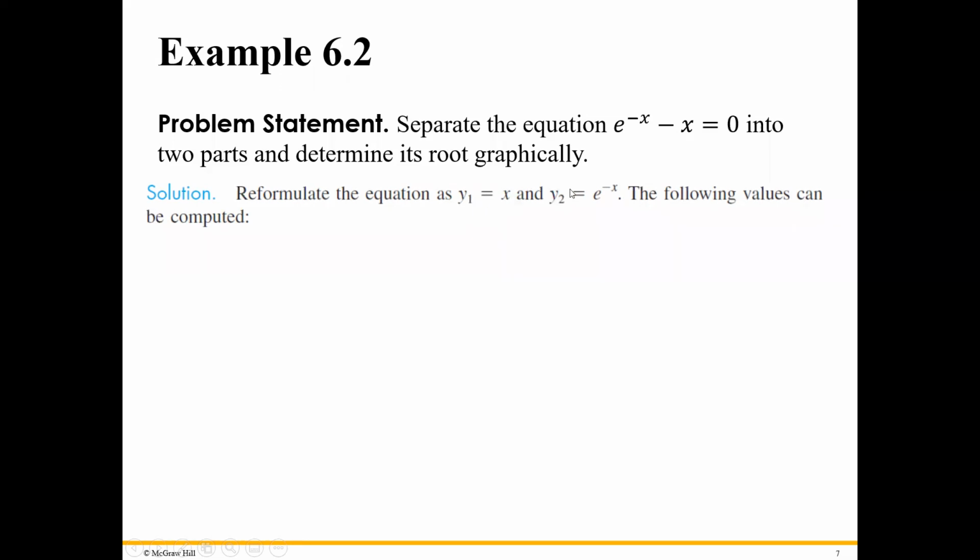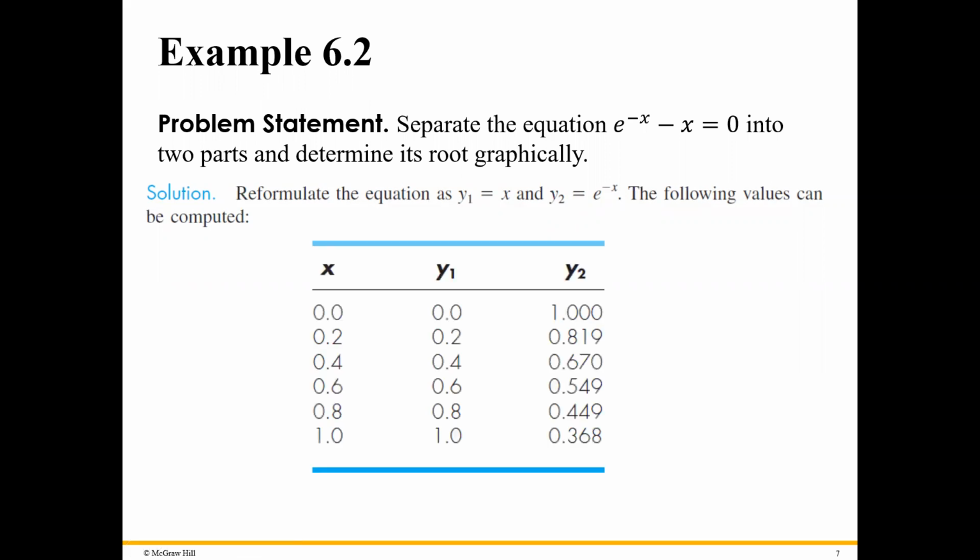So this equation can be written as y2 minus y1. We can plot these y2 and y1, and then see where their values intersect with each other.